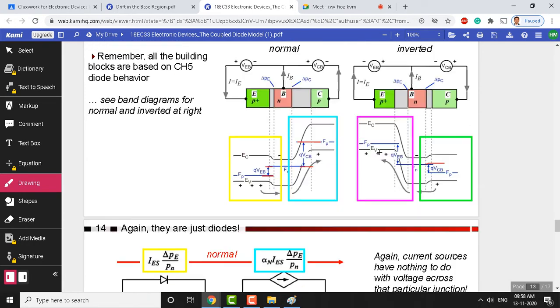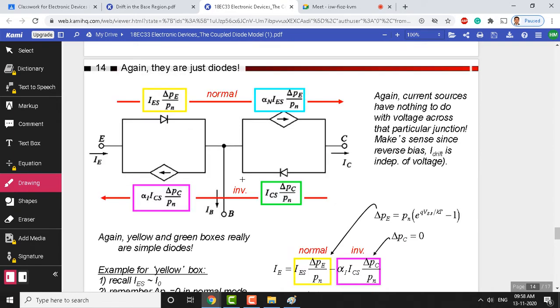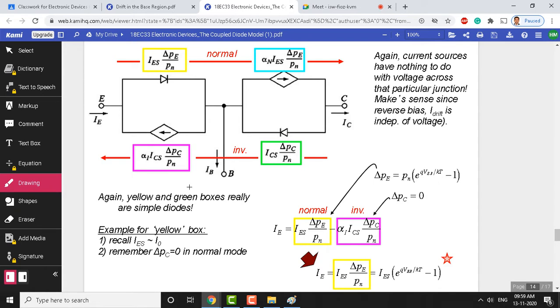So, with that I think we have completed the normal mode operation and inverted mode operation of the coupled diode model, and there are a few questions which we can ask here. These yellow and green boxes are really simple diodes, as we have shown many times. If you substitute the delta P stuff here, this will become a diode current equation.